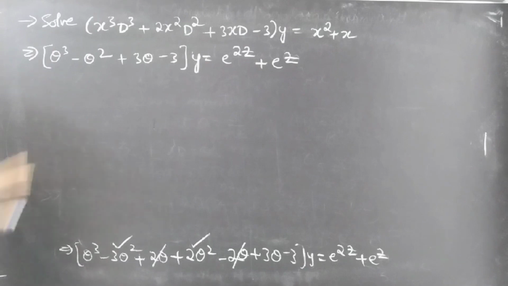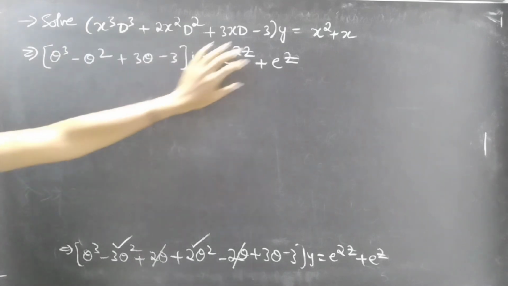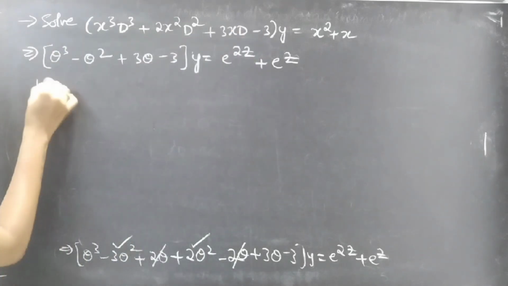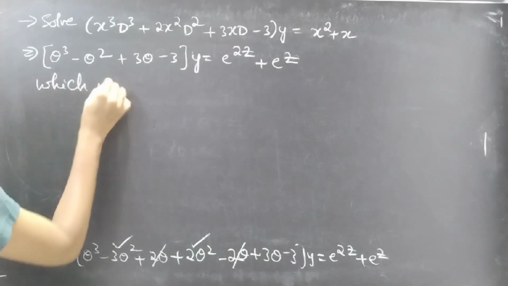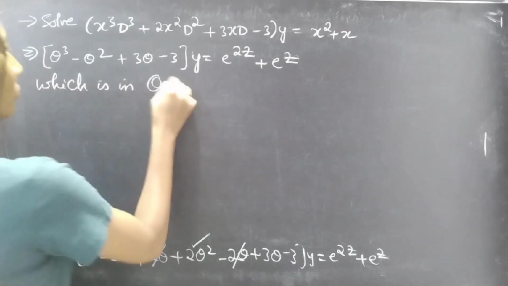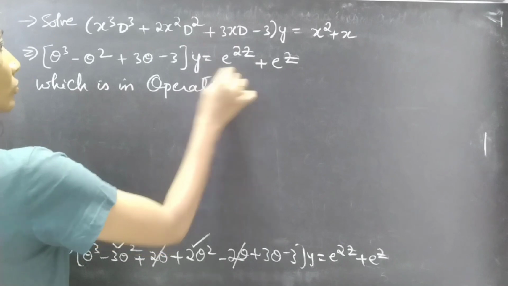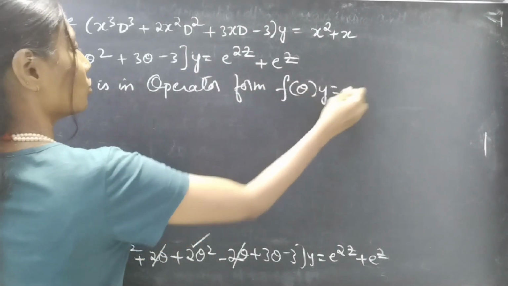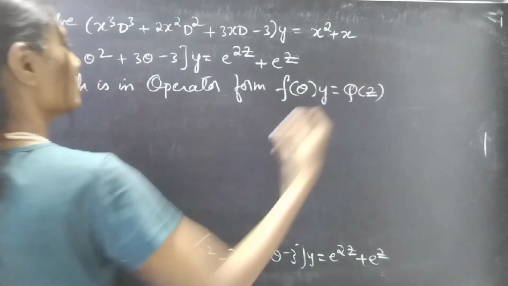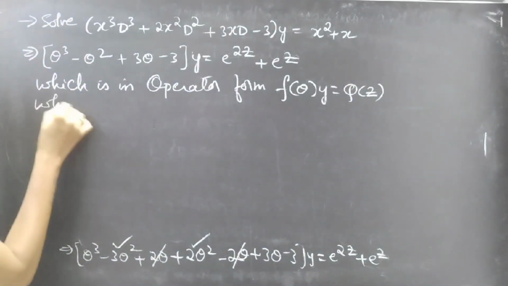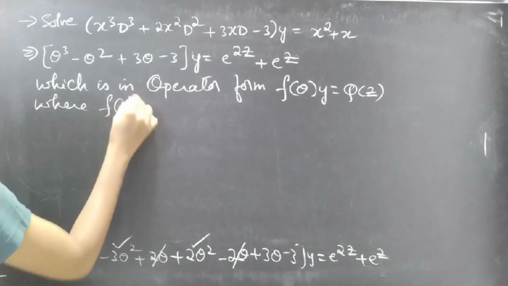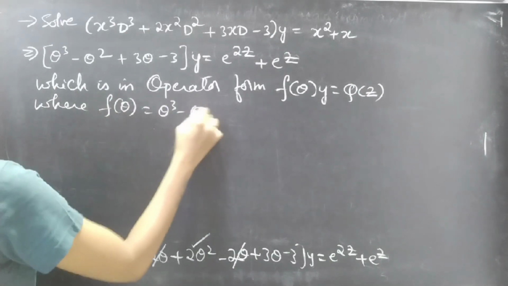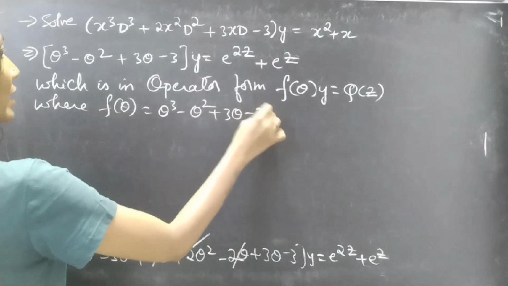And also this is in operator form, f of theta into y equal to a function of z, where f of theta equals theta cube minus theta square plus 3 theta minus 3.